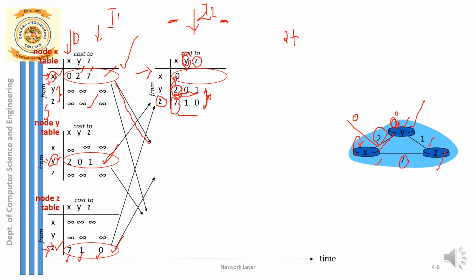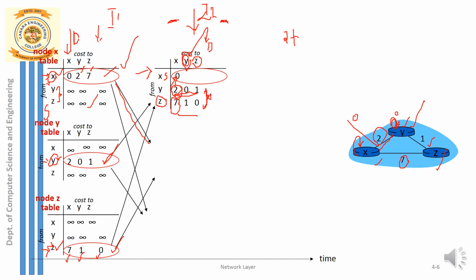Here one point has to be noted. I am calculating the distance from x to y, so the destination here is y itself. x is the source and y is the destination.